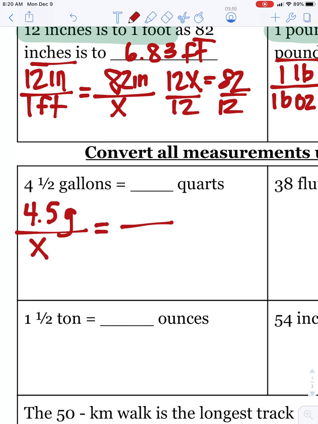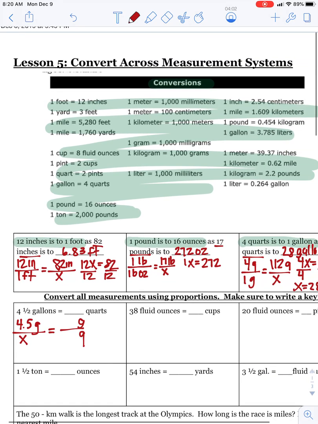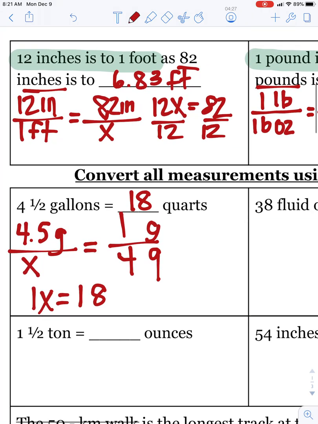And then I have to go up to the top and look for something that's gallons and quarts. Until you get used to using this chart, it might take you a little bit, but it's right here, gallons and quarts. So 1 gallon is 4 quarts. So I wrote that in as my conversion. I'm going to zoom back in. So then that gives me 1x equals 4.5 times 4, which is 18. So that's 18 quarts. And this one you don't have to label because the label's already there for you.